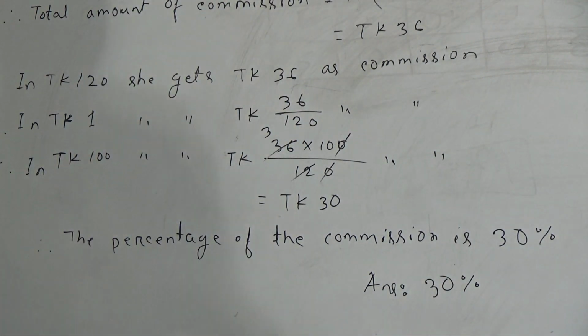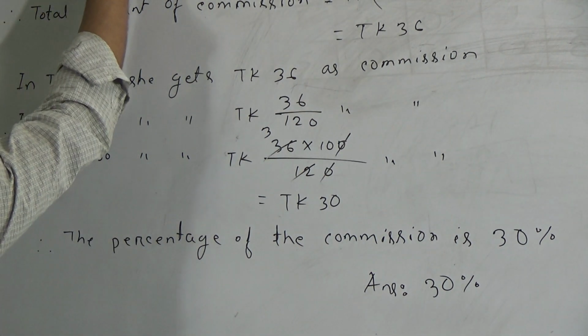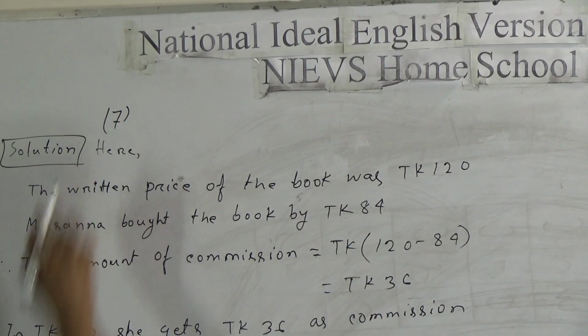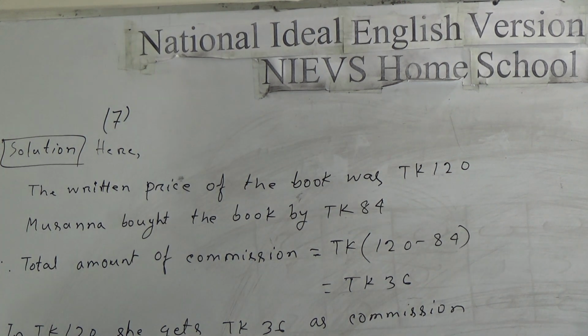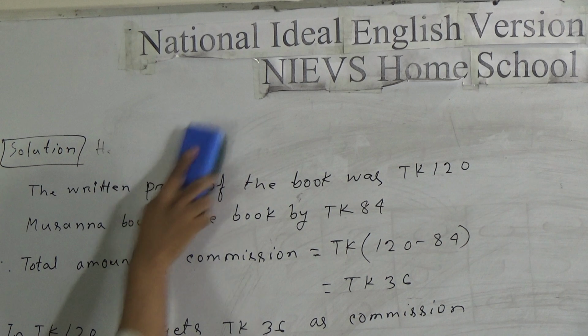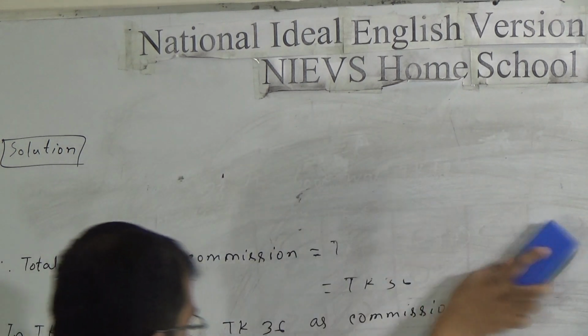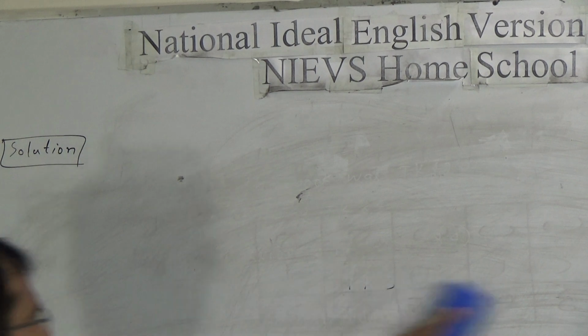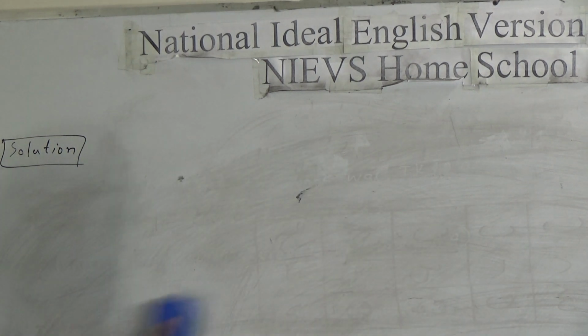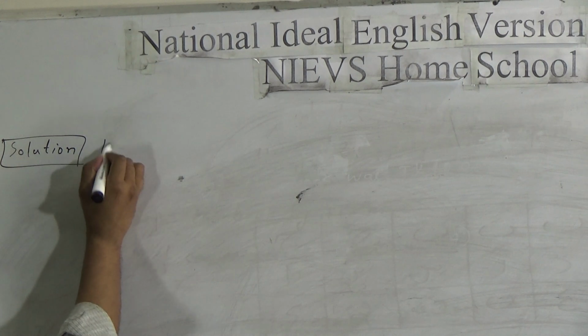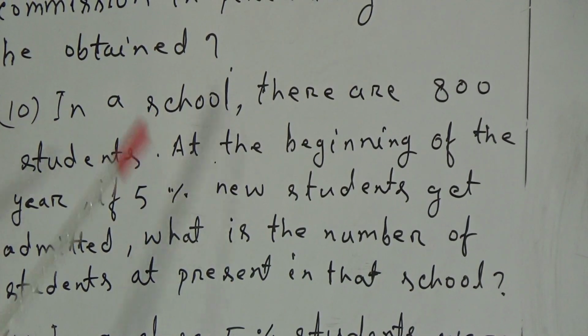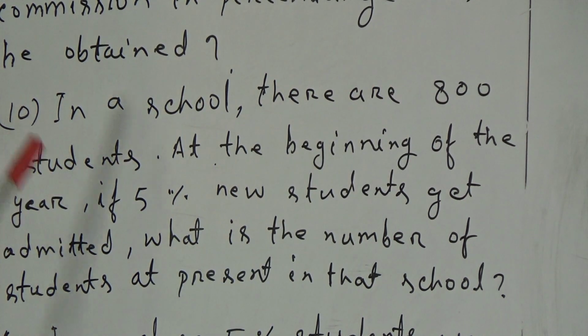Okay, dear students, we have solved question number 7. Now we'll solve number 10. Here the number 10 question is, in a school there are 800 students.